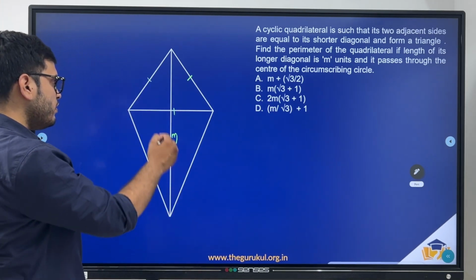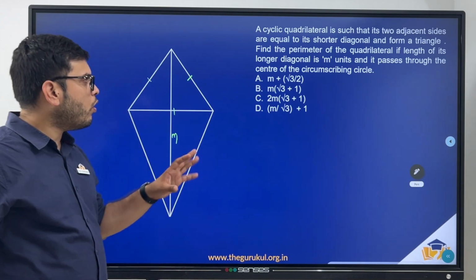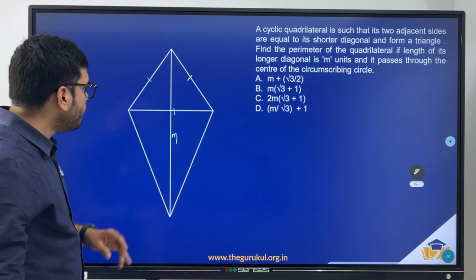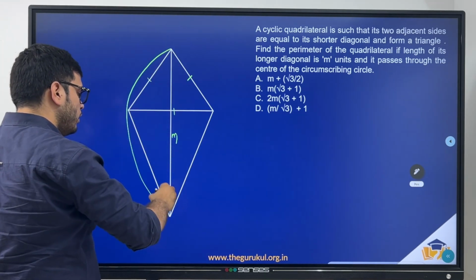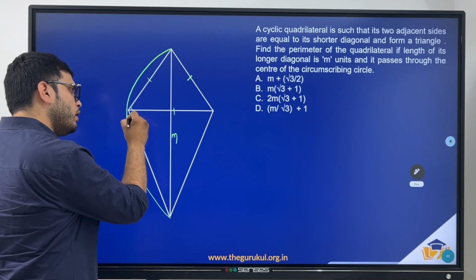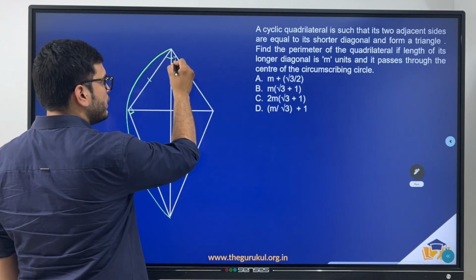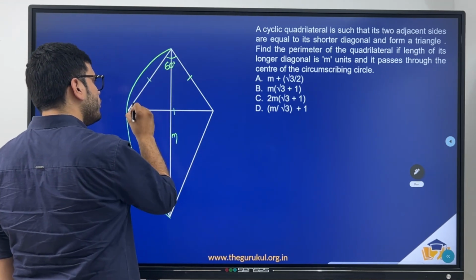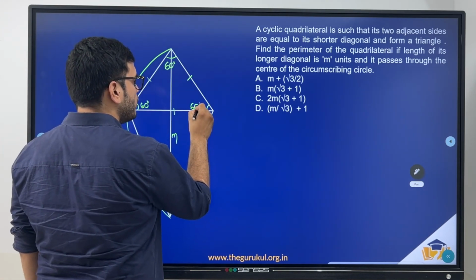Right. Now given that this is a cyclic quadrilateral, all the vertices will lie on the circumference of the circle. For example, let me consider this to be a semicircle, right? So this angle should be 90 degrees, a right angle, and since we know that this is an equilateral triangle, this should be 60 degrees, this should be 60 degrees, this should be 60 degrees.